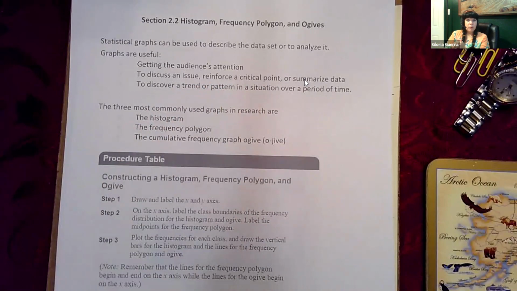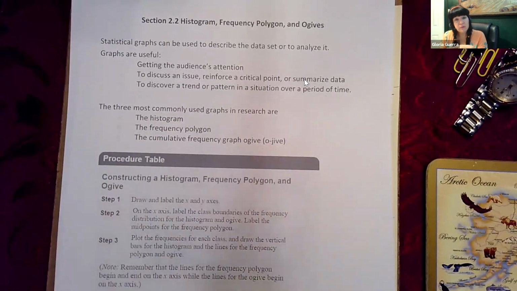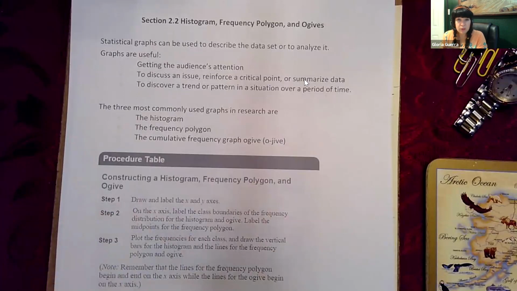The three most commonly used graphs in research are the histogram, the frequency polygon, and the cumulative frequency graph, which is the ogive. It does appear that the ogive is being less used in research as opposed to histograms and frequency polygons. But currently these are still listed as the top three, and so in your homework you'll be doing each of these three graphs.